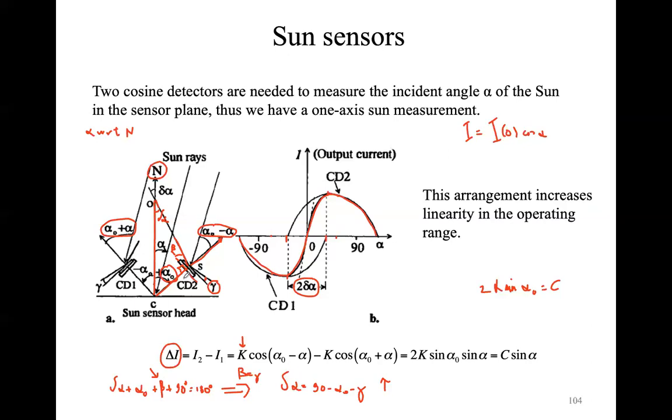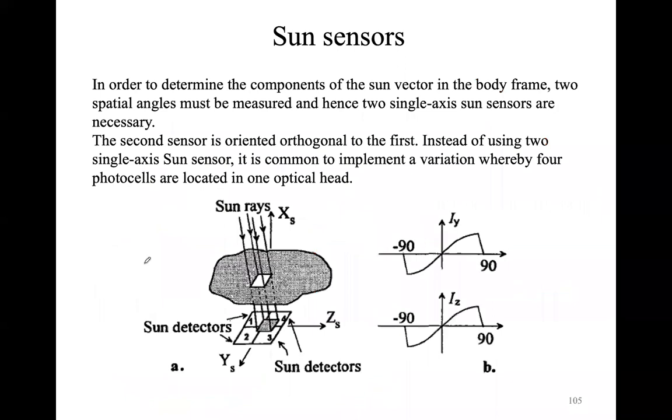The other conclusion is that the larger the inclination of the sensors, the lower delta alpha is. So basically, if you put the sensors parallel to the sensor head, of course you're not able to get much information. So that's the reason why the design of the sensor is very important, the definition of the inclination alpha 0 and also gamma, the dead zone.